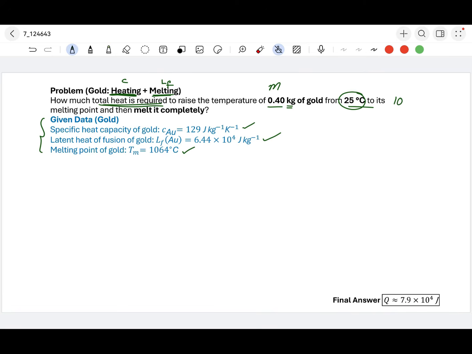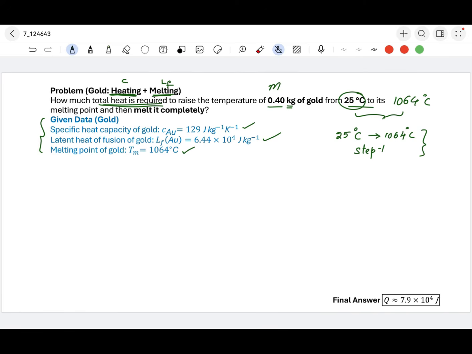Melting point is how much? 1064 degrees Celsius. So from here to here, a two step process. Step 1 is 25 degrees Celsius to 1064, the melting point.